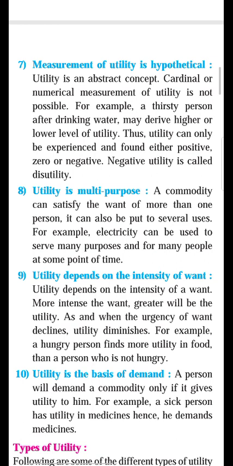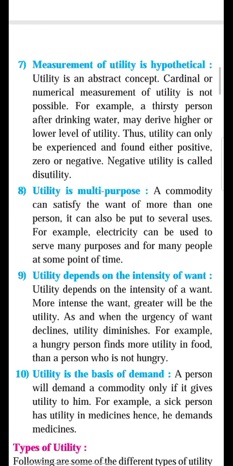There are two methods to measure utility. One is cardinal measurement, that is numerical, meaning 1, 2, 3, 4, 5, 6. The other is ordinal, which is measured by the facial expression of the consumer. If the person is very happy, we can see the consumer is satisfied. If the consumer is very sad by their face, we can say not satisfied.